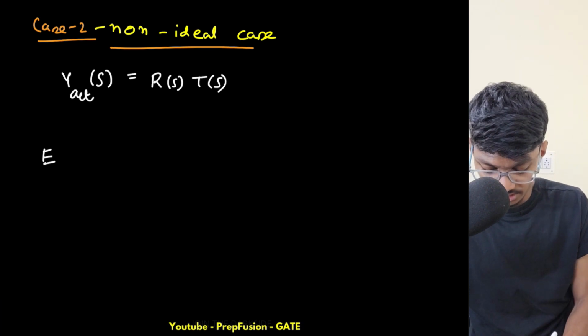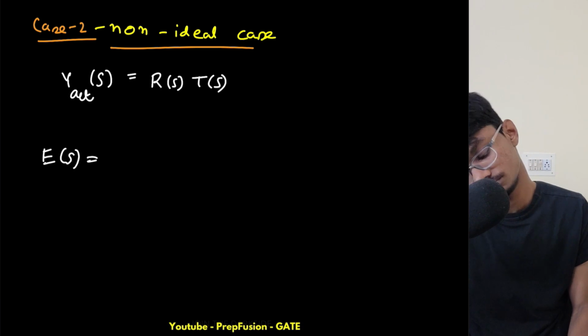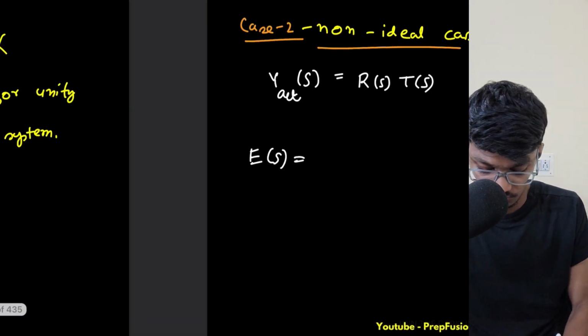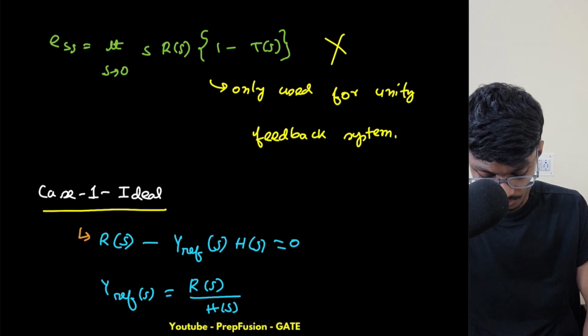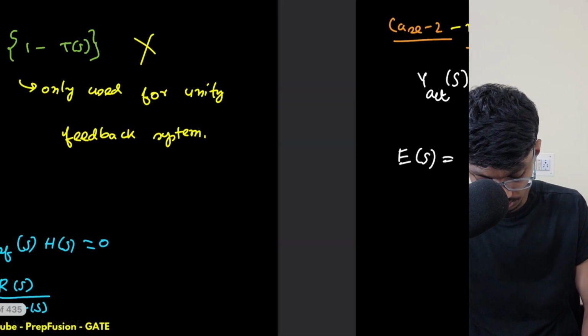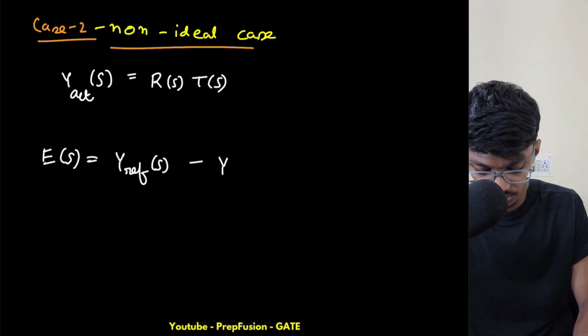So what will be my error signal? Error signal will be this y reference of s minus y actual of s.